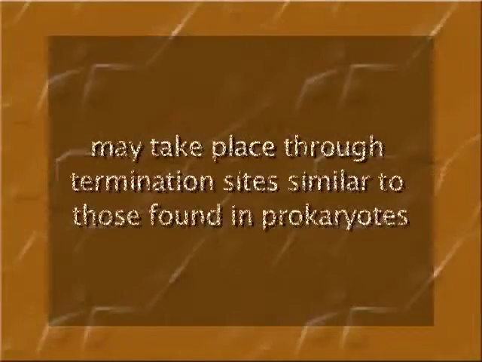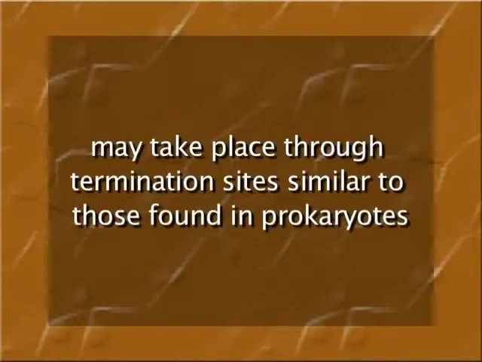In eukaryotes, the actual termination of RNA polymerase II activity may take place through termination sites similar to those found in prokaryotes. But these termination sites are believed to be present away from the site of the 3' end of mRNA. Obviously, the 3' end of mRNA will be generated due to post-transcriptional cleavage.